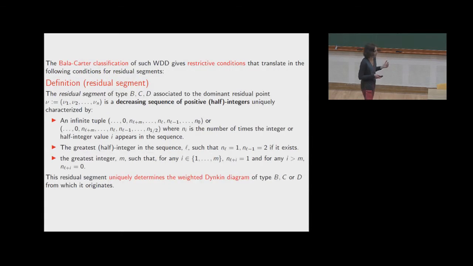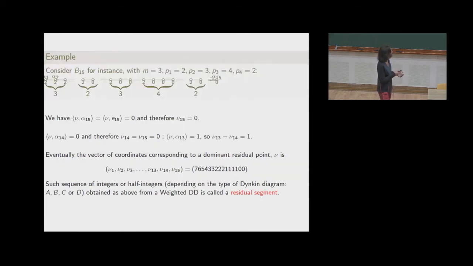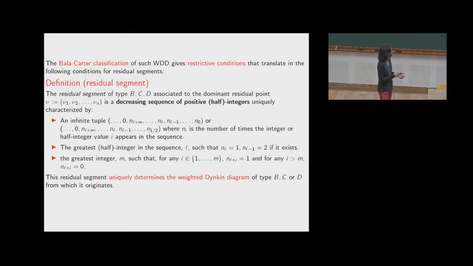As I said, those weighted Dynkin diagrams have been classified, so there is a lot of constraint on them. This is given by the Bala-Carter classification. And because you have so much constraint, there is a relationship between these integers. You get a relationship between the multiplicities in these segments.